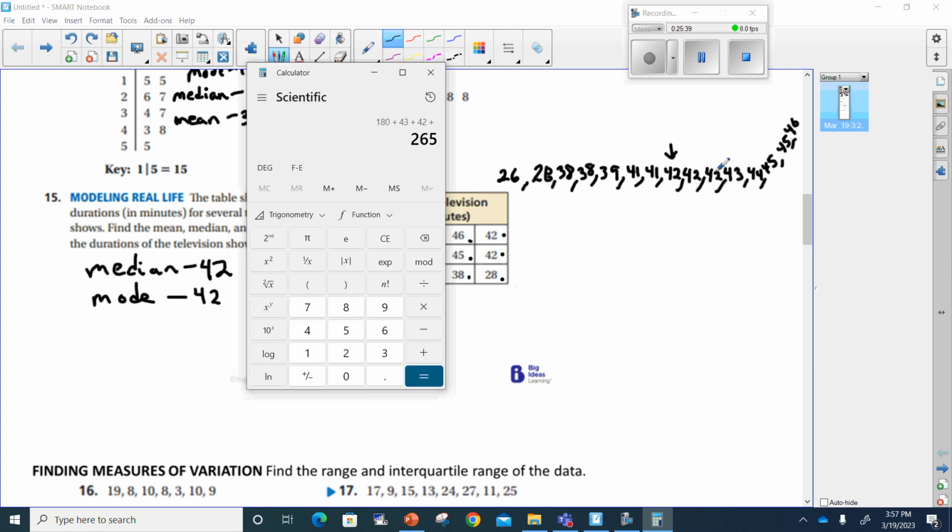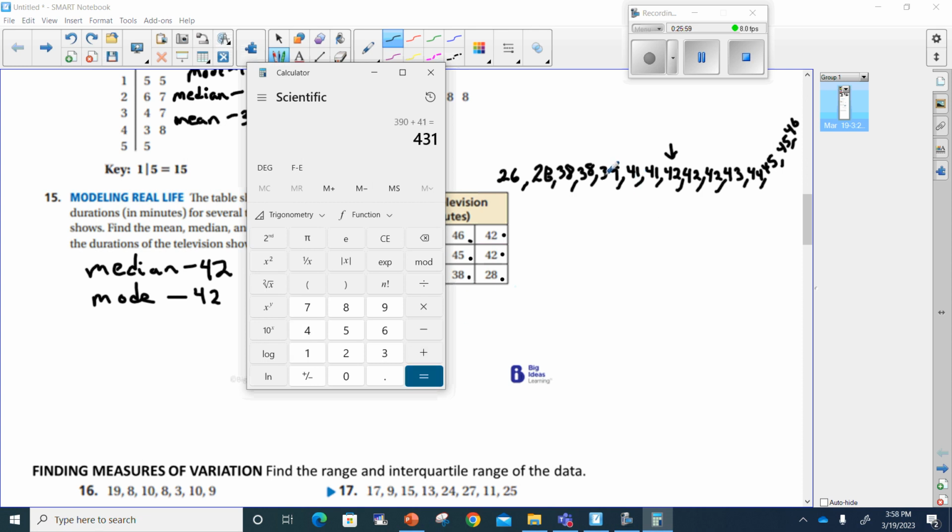That was the first 42. We've got two more to add on there. Plus 42 plus 42. All right, now there's two 41s to add on. Plus 41 plus 41.